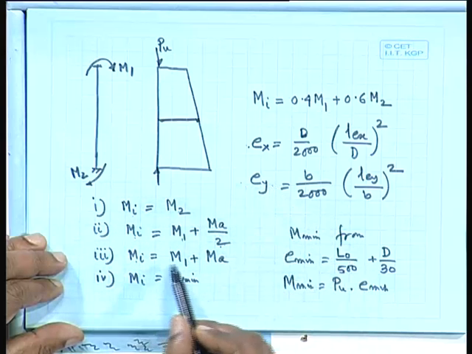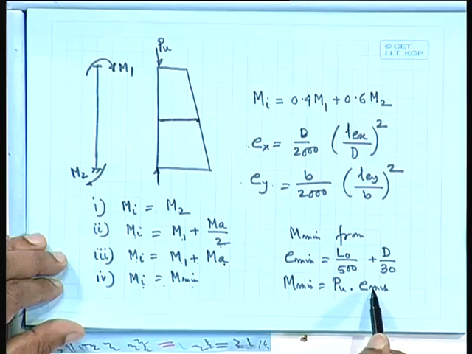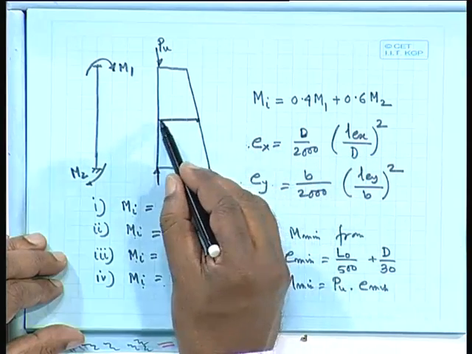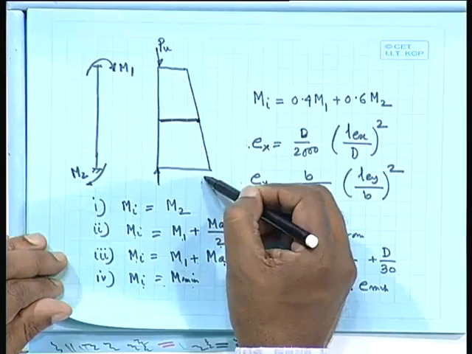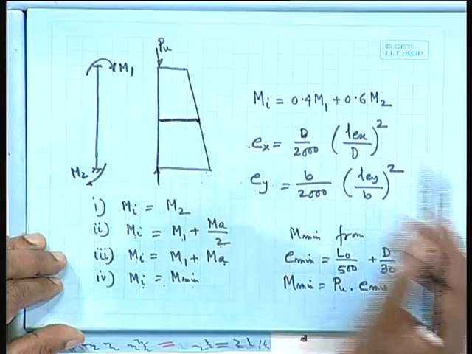The other one, Mi equal to M1 plus Ma, and the fourth one, Mi equal to M minimum, which you are getting from the eccentricity point of view. That is the value we are getting here. That means, if we know M1 here and M2 here, then we can find out this value here.